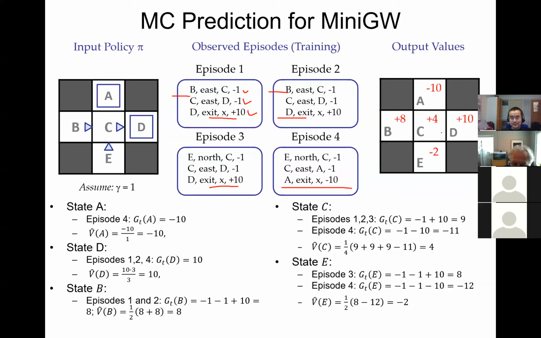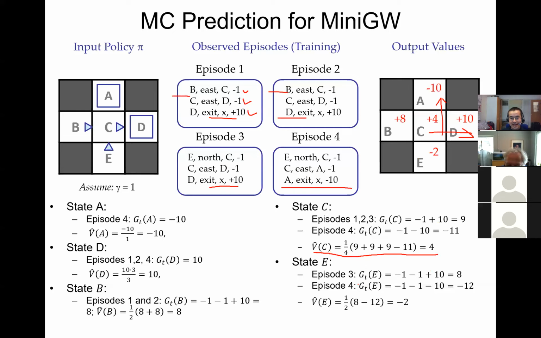State C. Now in the first 3 episodes, starting from C, C is not the starting state, but it's encountered in the middle of the episode, but that's okay too. So in 3 of the episodes, it goes into D. In 1 of the episodes, it goes into A. So its value is the average among the 4 episodes.